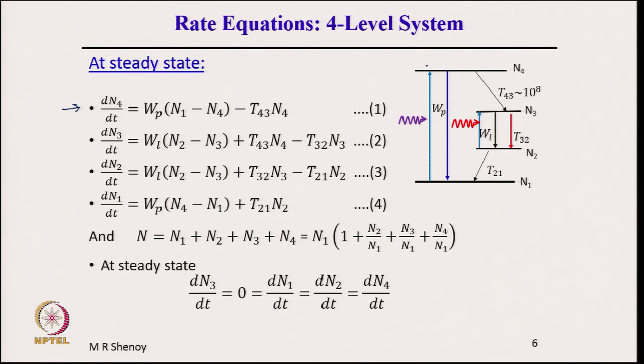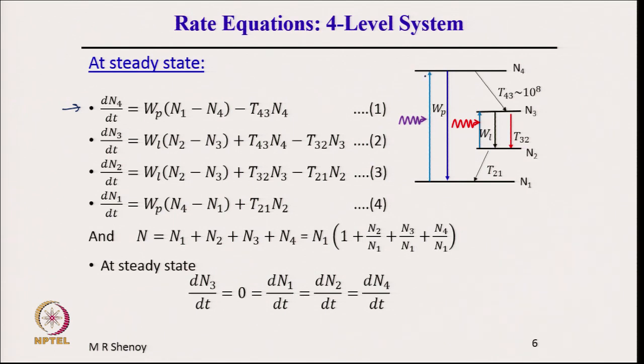dN4 by dt, the rate of change of the population of level 4, is Wp into N1 minus N4. We can now directly write this, because we know that Wp is the pumping rate here.